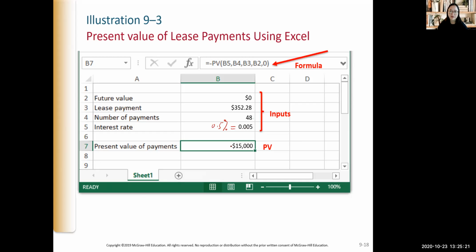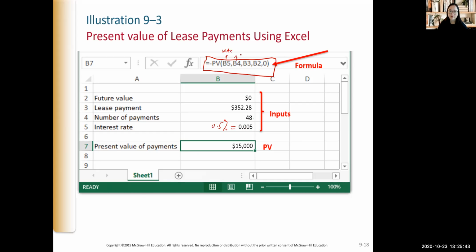And for the present value, you can use the present value formula. I will show you guys in class. So basically you type PV equals B5, which is the interest rate, right? This is the rate first, the cell of the rate.